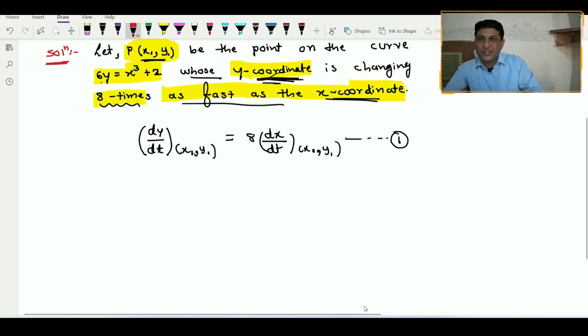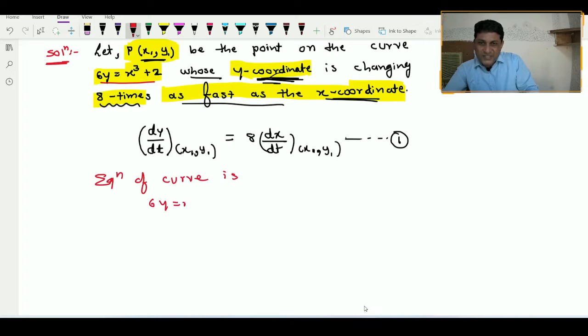Now see here, what is the equation of curve? Is 6y is equal to x cube plus 2. So consider the equation. Equation of curve is 6y is equal to x cube plus 2. Now we are differentiating this equation with respect to t. So derivative of y with respect to t is dy upon dt.